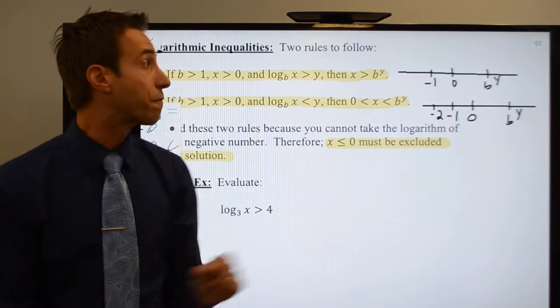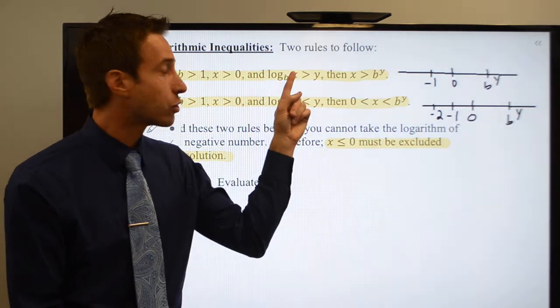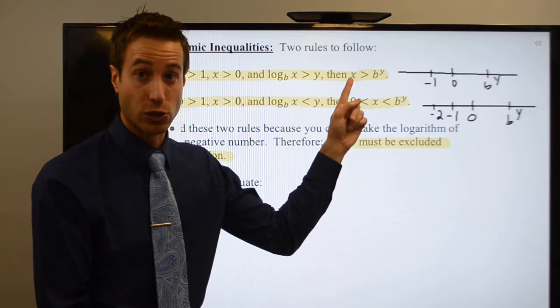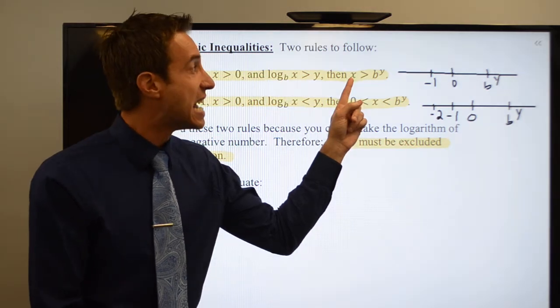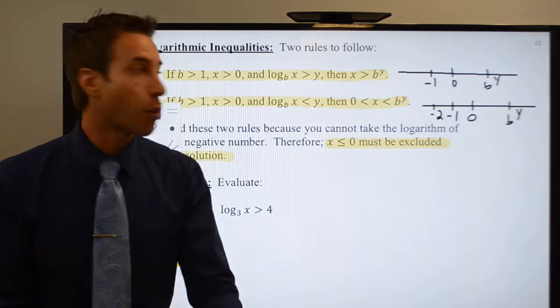Now, here's our first rule. The first rule says that if you're given this logarithm, it'll be rewritten as the exponential where x, what I'm trying to solve for, is greater than b to the y. Well, that's no problem.